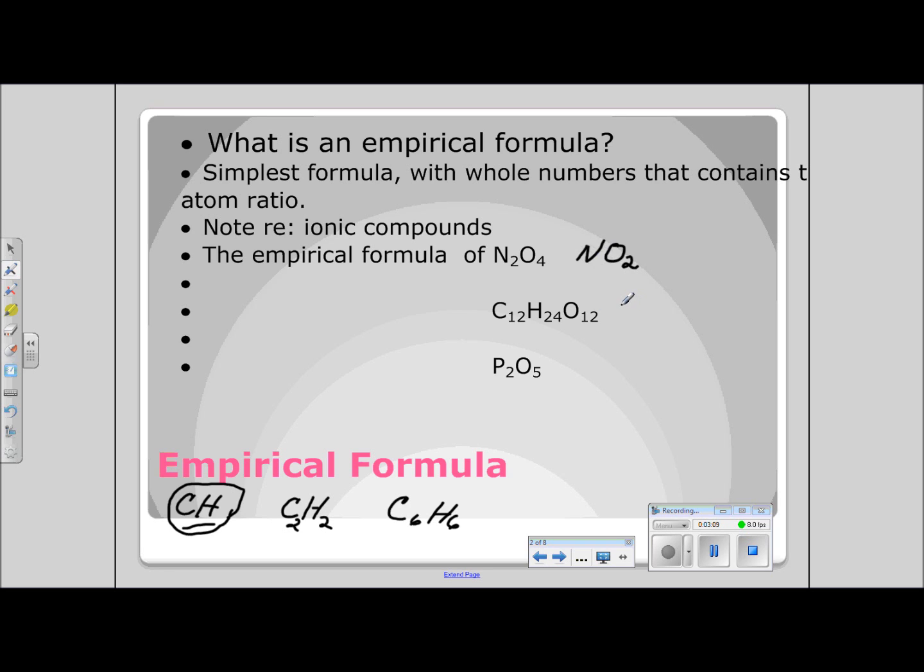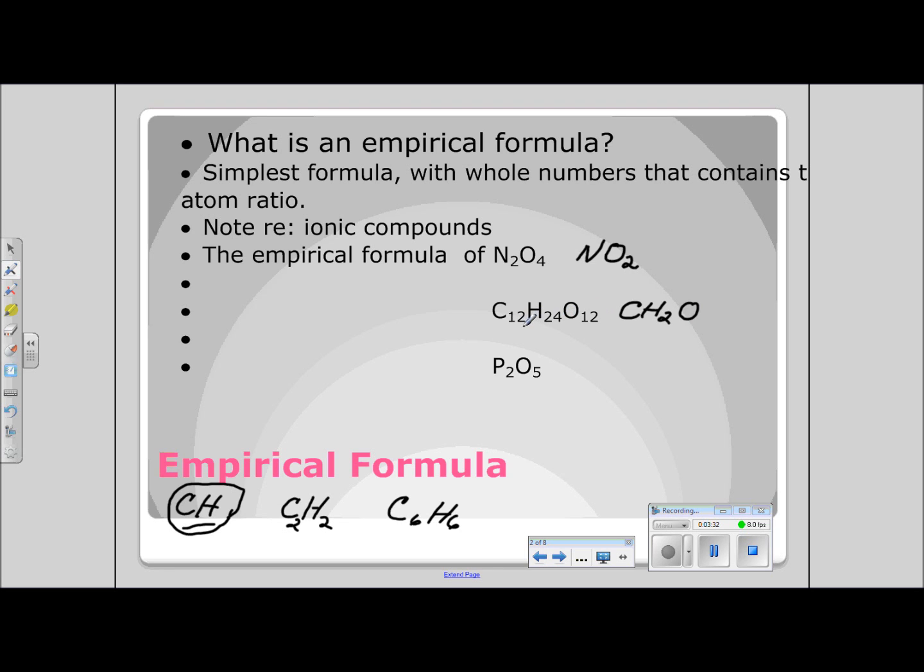Now, pause once more and calculate the empirical formula of this compound. The empirical formula of this compound is CH2O. Notice 12, 24, 12.